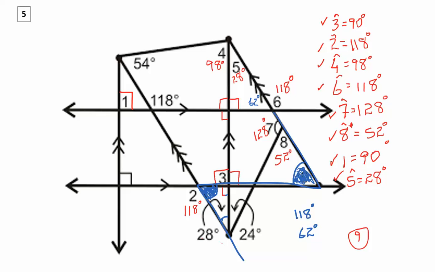So if this angle is 62 degrees, because it's alternate to angle 9, remember, there is my Z. Can you see? So this angle, then angle 9, must be equal to 62 degrees. And there we've got all 9 angles checked off.